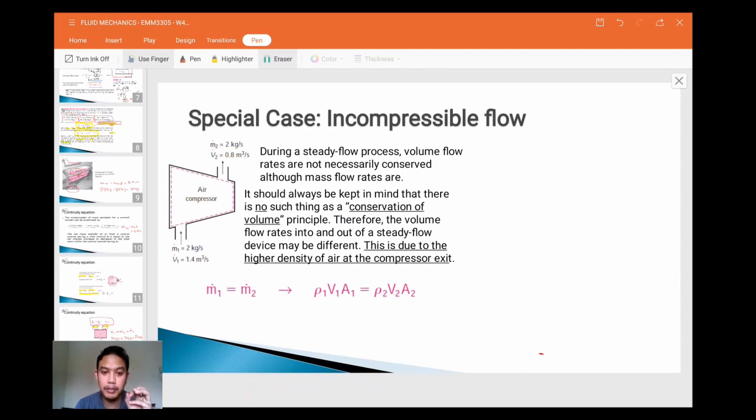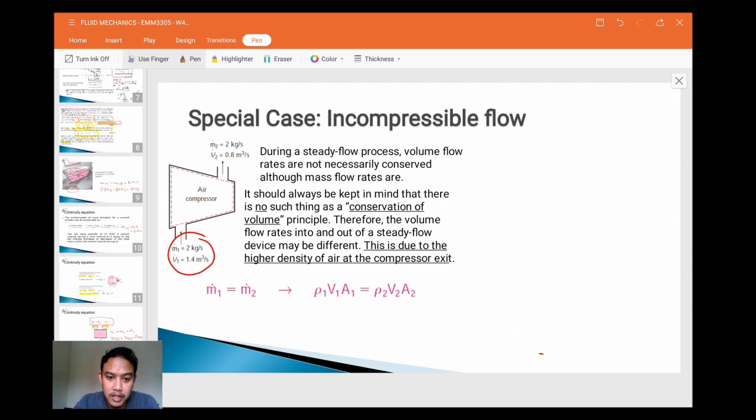Okay, in this example, for example, a compressor, we notice that the inlet m dot 1 is 2 kg per second, and the V dot 1 is 1.4 meter cube per second.